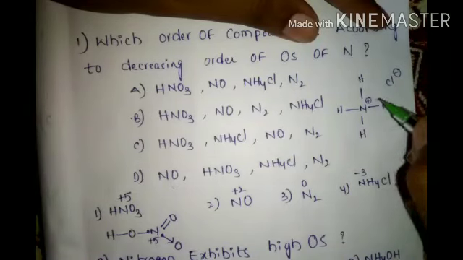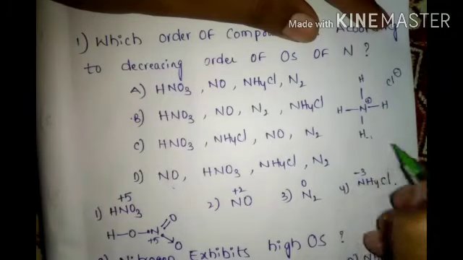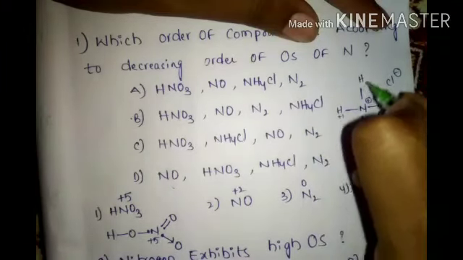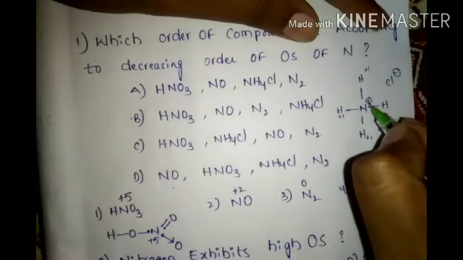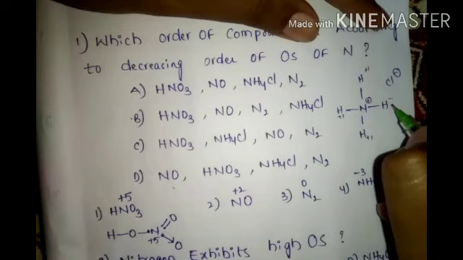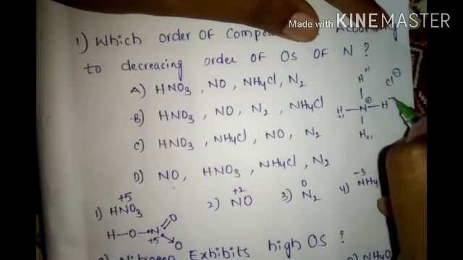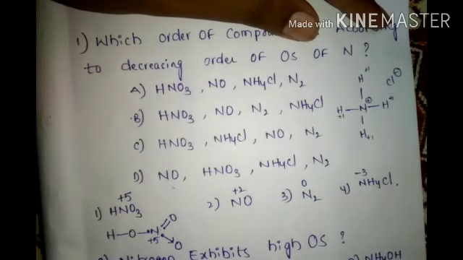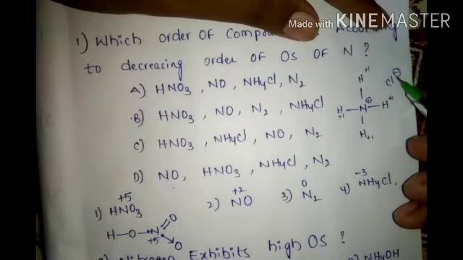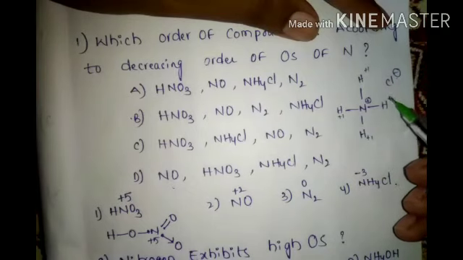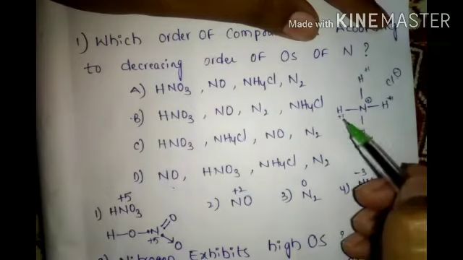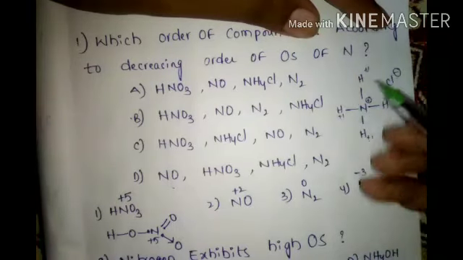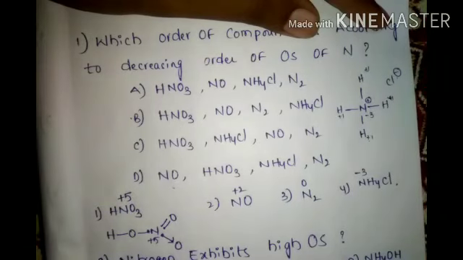Positive and negative cancel. Now +1, so automatically minus, cancel, and again +1. So this cancelled, the plus cancelled. Now look here, 1, 1, 1. 3 positives are there, so automatically it is 3 negative.